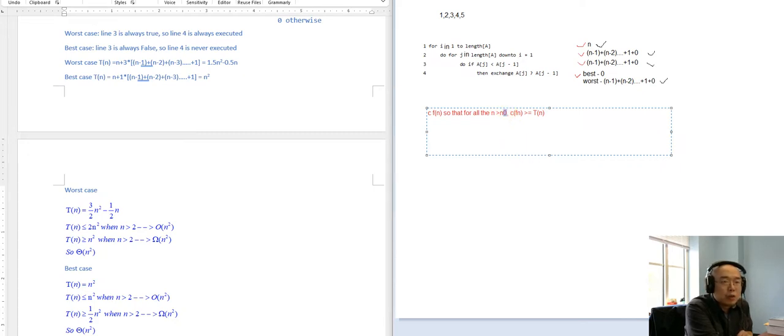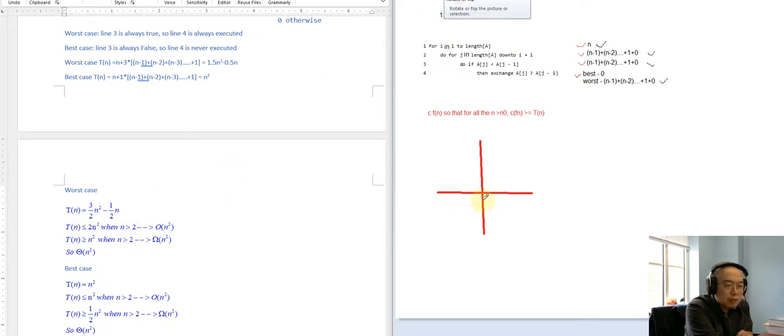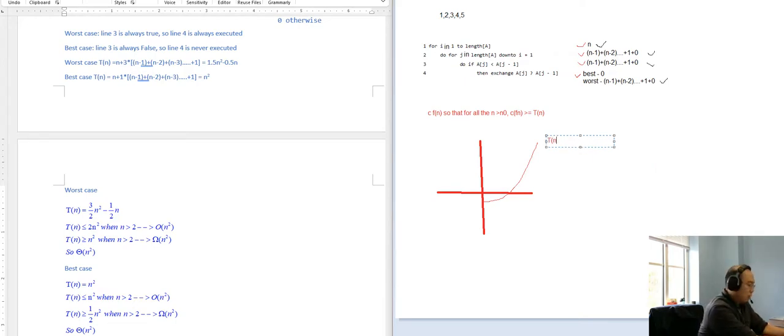So if I want to draw this kind of curve, say, like this, this might be a curve for T(n), by the way. And then we want to find another curve which is always higher than T(n) after a certain value. So for example, I can draw this curve like this.